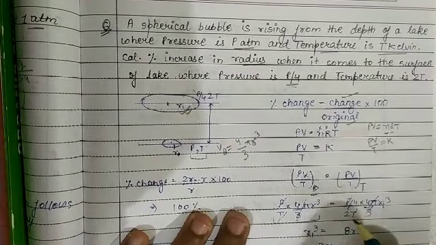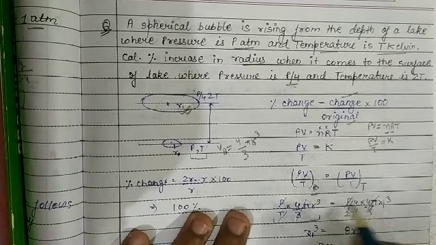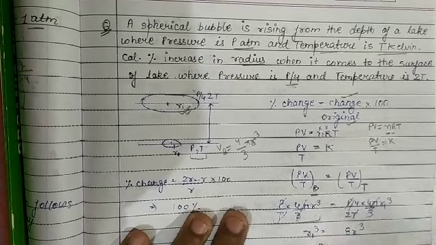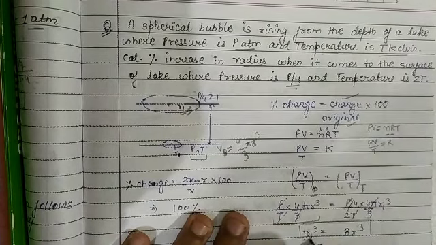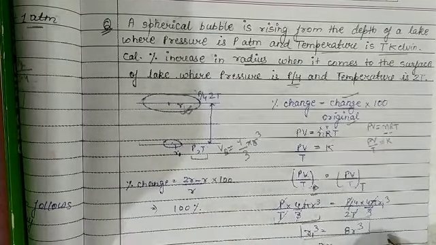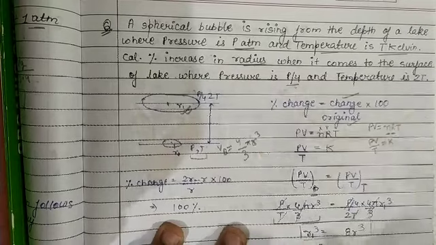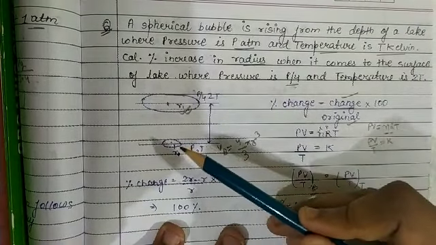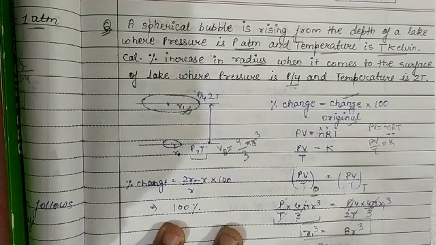So P by 4 upon 2T into 4 by 3 pi r1 cube, cancel out 4 by 3 pi, P and T. So r1 cube equals 8 times r cube. So r1 becomes 2r. It means when the spherical balloon moves from bottom to top, the radius increases from r to 2r.